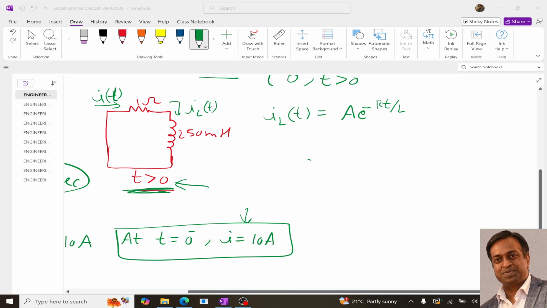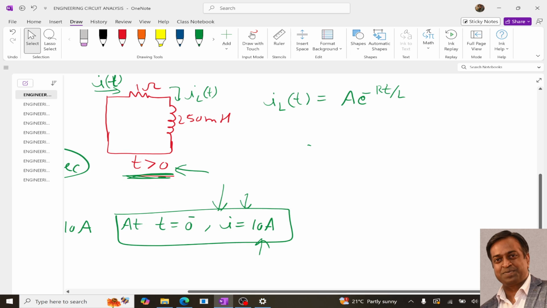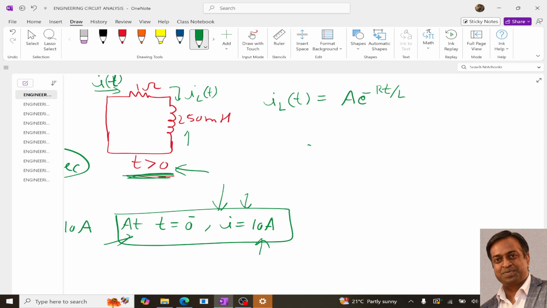Now A is a constant, and we can get its value by substituting the condition at t equals 0. Since at t equals 0 minus the current is 10 amperes, and because the inductor has the property that it will try not to change the current, at t equals 0 plus the current will also remain 10 amperes.